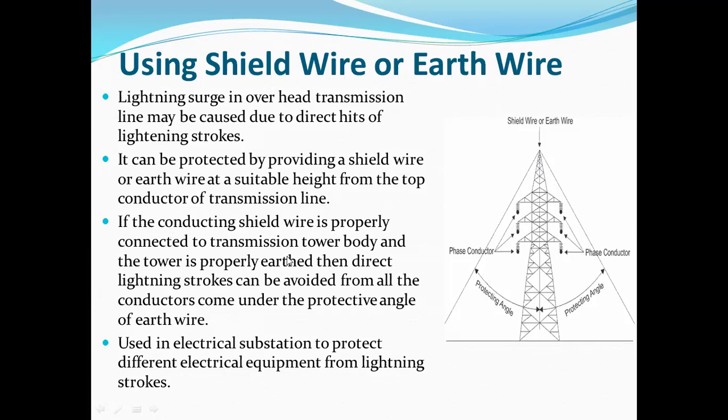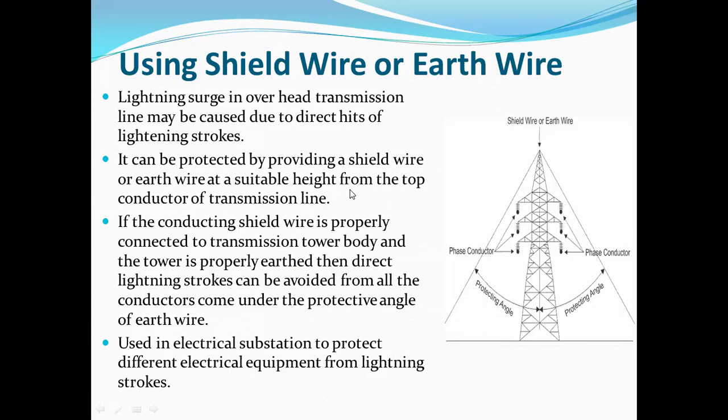Okay. So if the conducting shield wire is properly connected to the transmission tower body, means if we are connecting this wire correctly to that tower and the tower is properly earthed, then direct lightning strokes can be avoided from all the conductors that come under the protective angle of the earth wire.